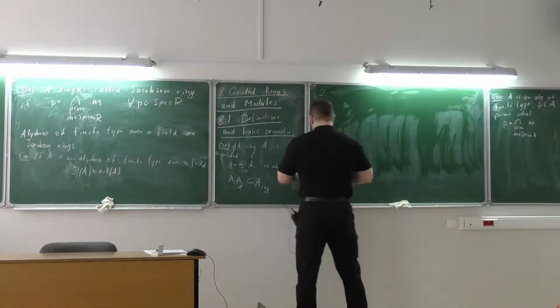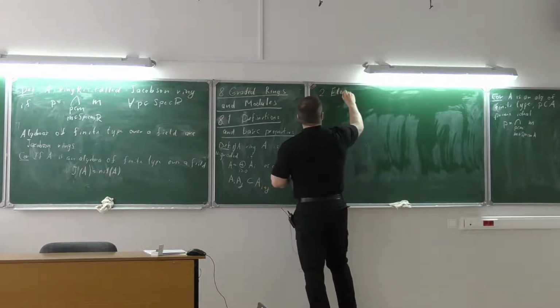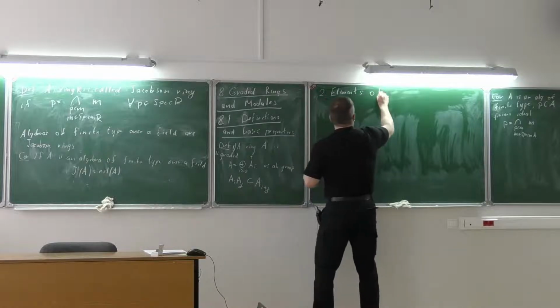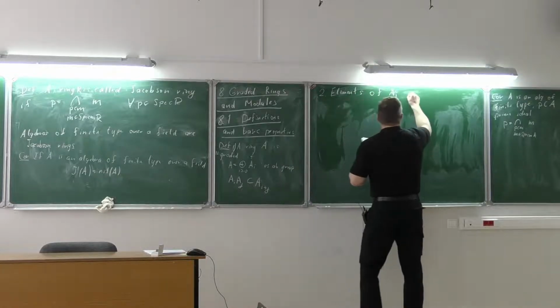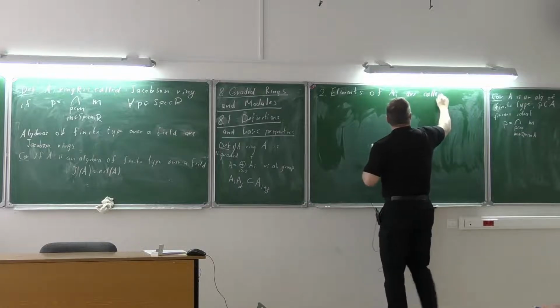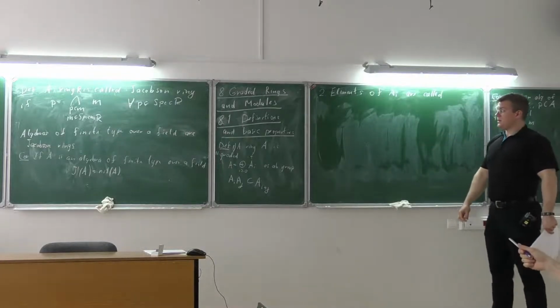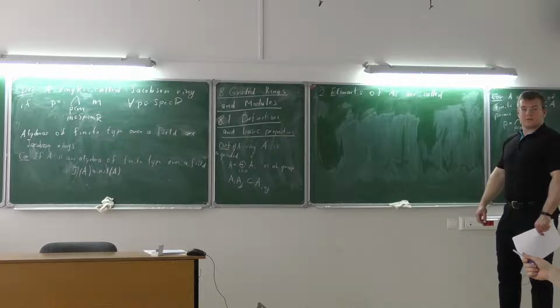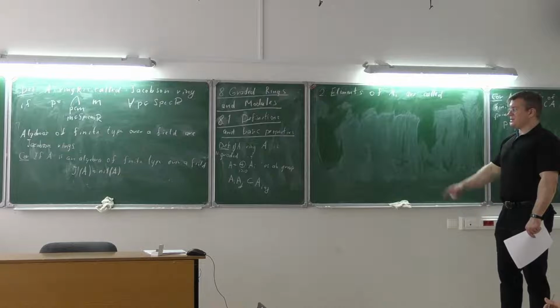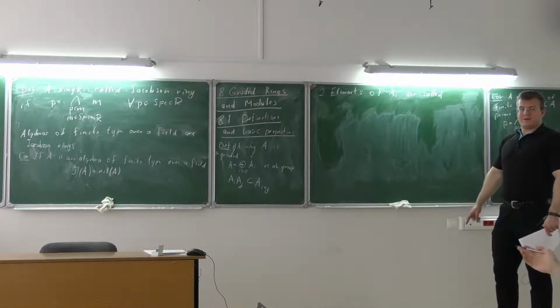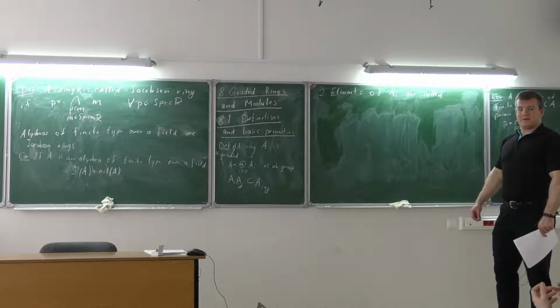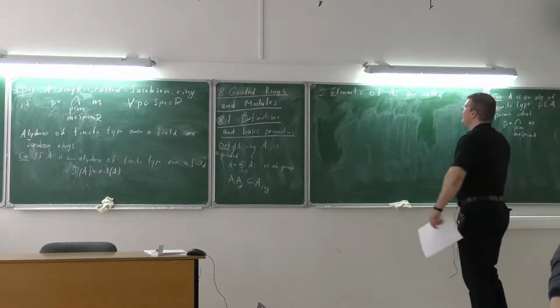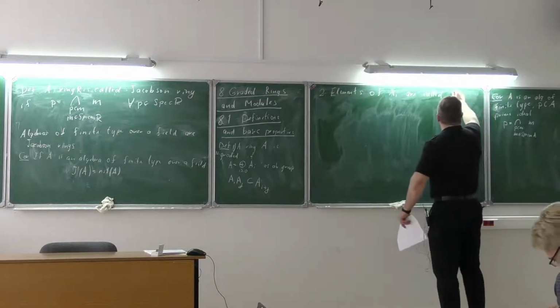So part 2 of the definition. This definition works if i and j are equal. Well, if this doesn't make much sense, think about the polynomial ring. So elements of the A_i are called homogeneous elements.